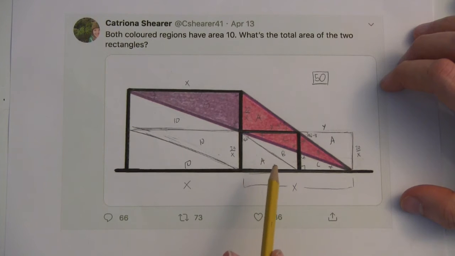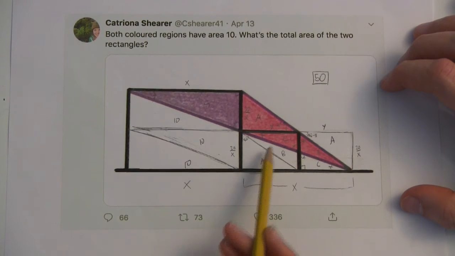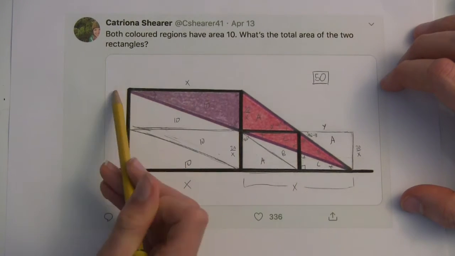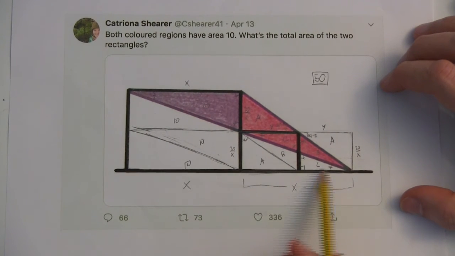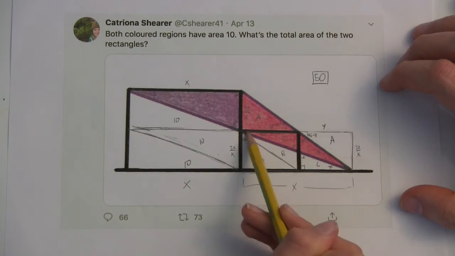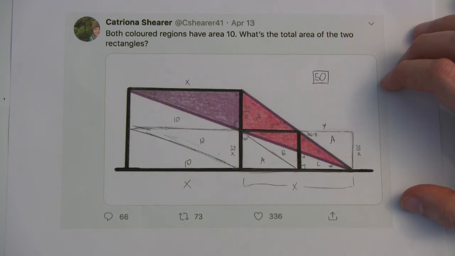Well, maybe these two rectangles are similar, and this side is half of the big rectangle side, so this side is half of this side here. And so that would make this x over 2 and this x over 2, so they would be the same.